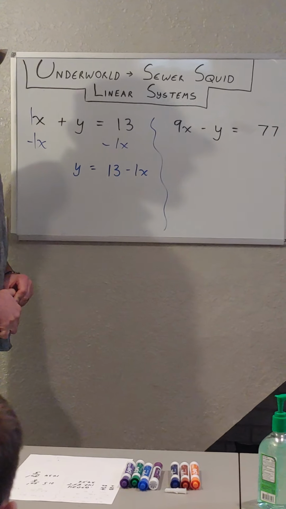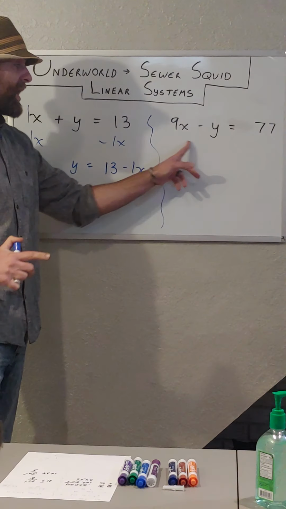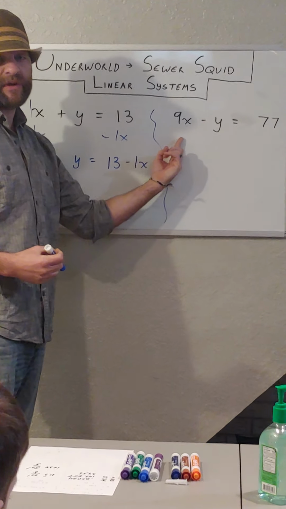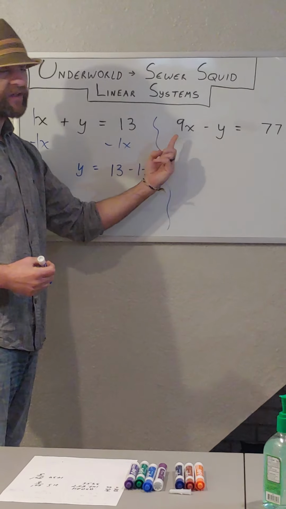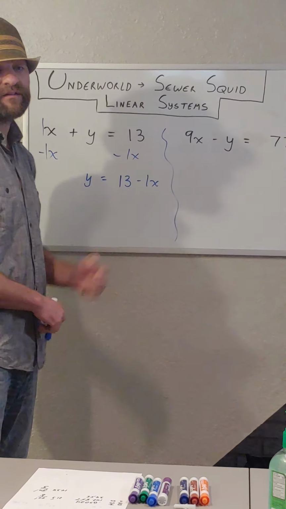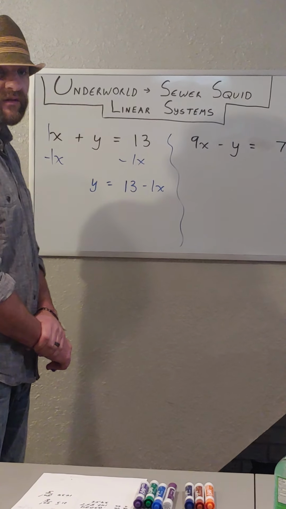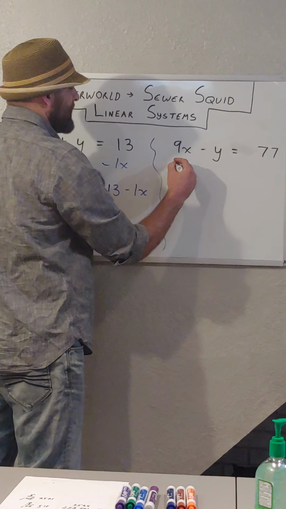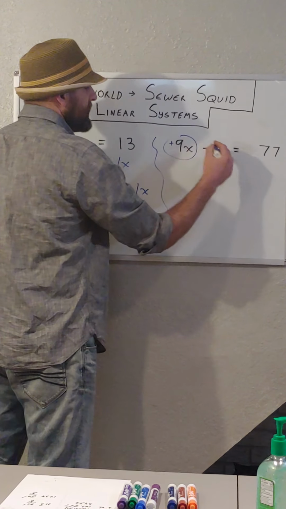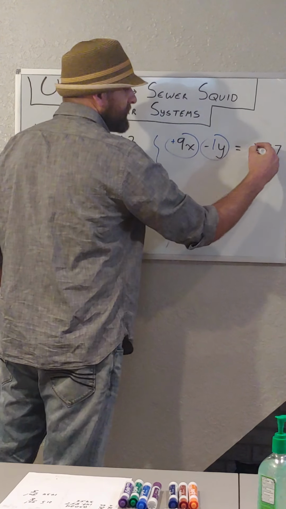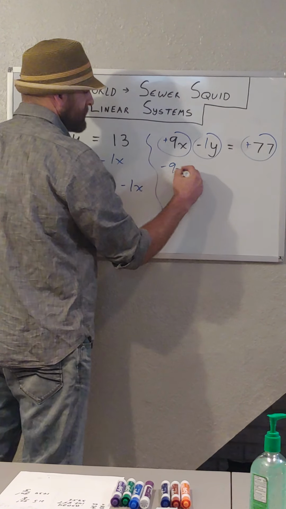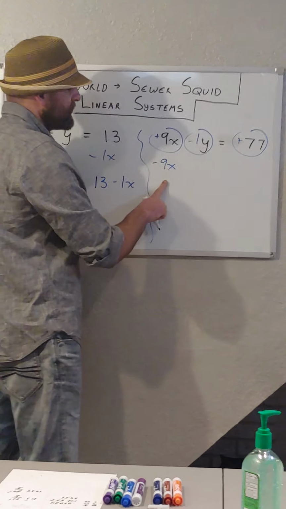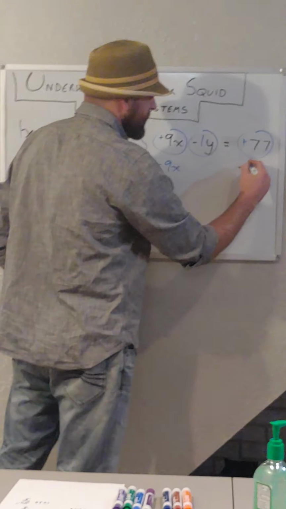Okay, so then if you could do something similar, you could get the y by itself on this side. Any suggestions of how we could get the y by itself on this side? Do the same thing you did there, subtract the 9x. Yep, you could take this 9x right here and subtract it over to the other side. And remember, you want to keep it balanced to keep this equal, so if you subtract 9x here, you're going to subtract 9x over here.